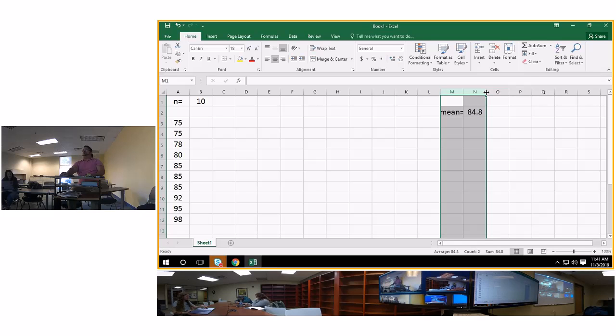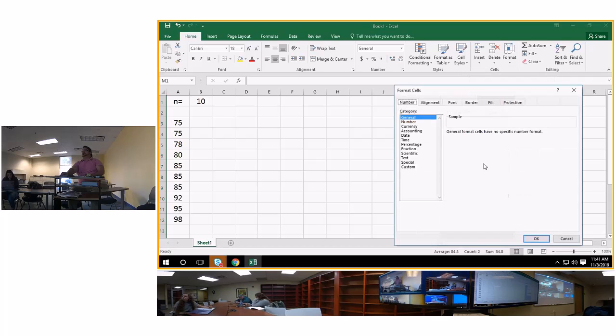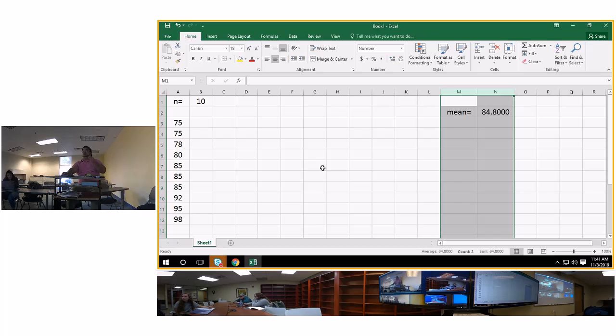Now, let me go ahead and show y'all how to do something on the handy dandy format. Right click on cells, format, and take it always to about 4 decimal places. When do you round? You round at the very end of the problem. So just a little hint, make sure you carry it.